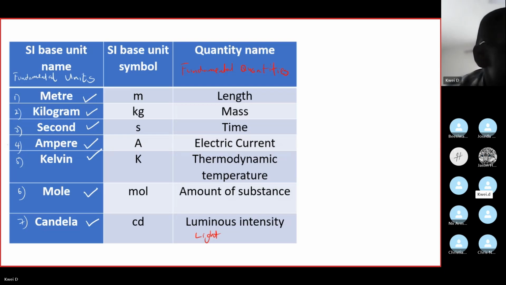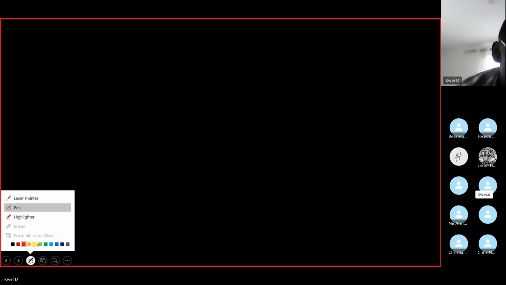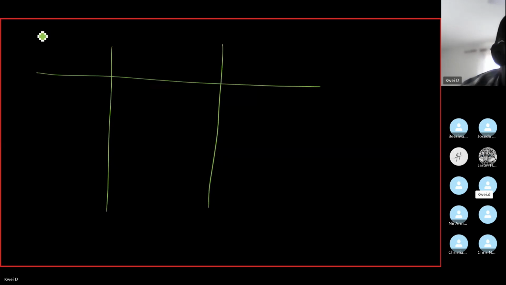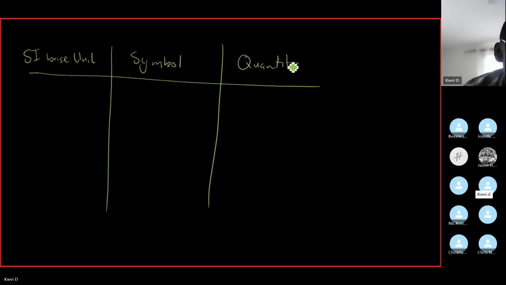So let's do a quick test and see if you were really following. We'll put the SI base units here, a symbol here, and then the quantities here.